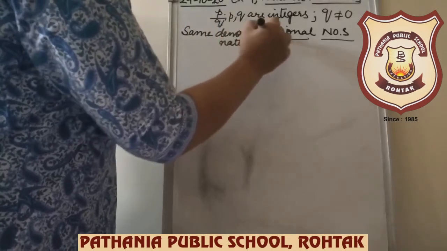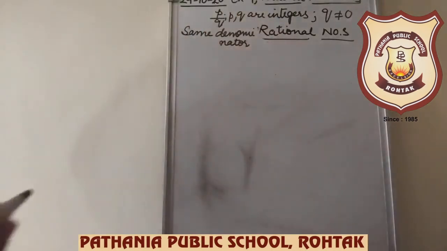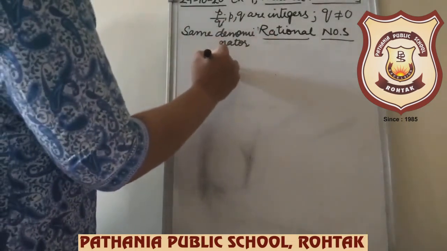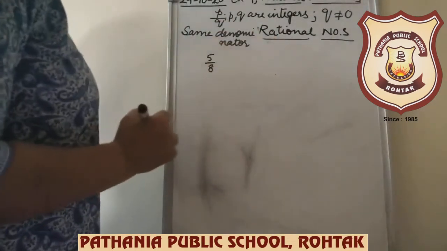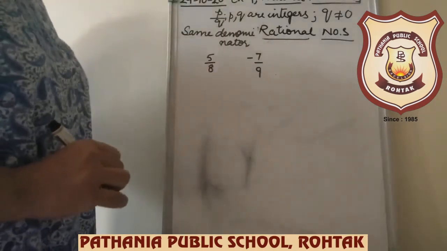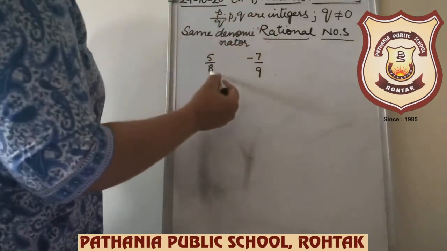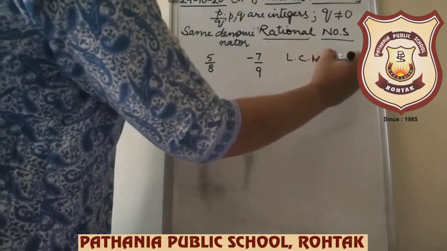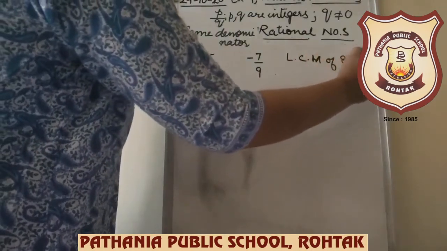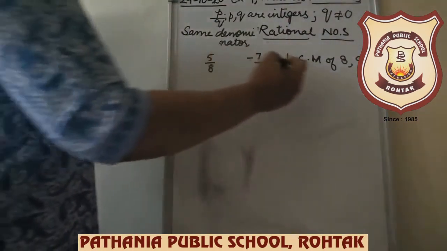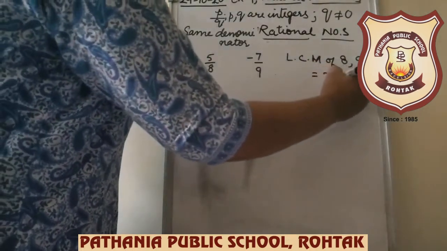Suppose you have 5 upon 8, one rational number, and other is minus 7 upon 9. So what you will do, take LCM of the denominators of 8 and 9. You have to take LCM of 8 and 9. So it will come out to be 72.